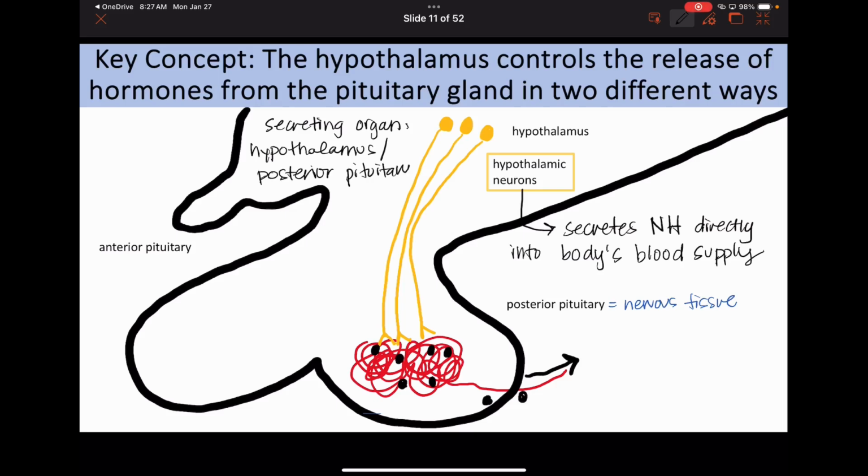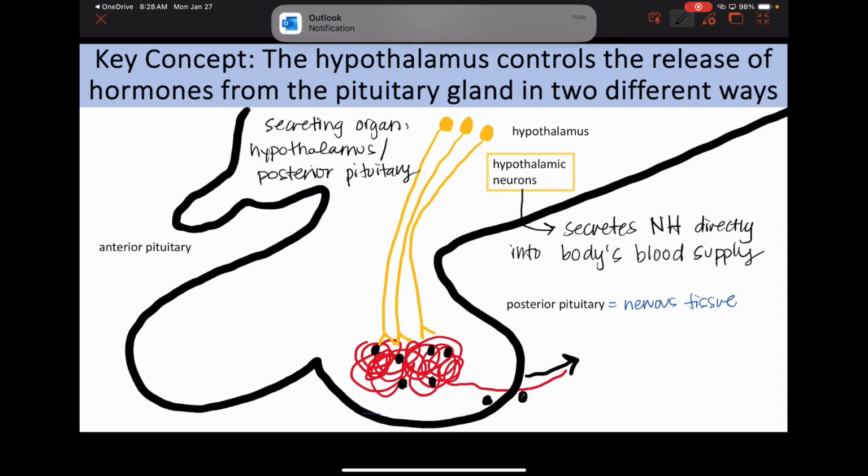The hypothalamus produces the hormones while the posterior pituitary releases those hormones. So you can't mention one without the other. The secreting organ here is both of them. Questions about that?